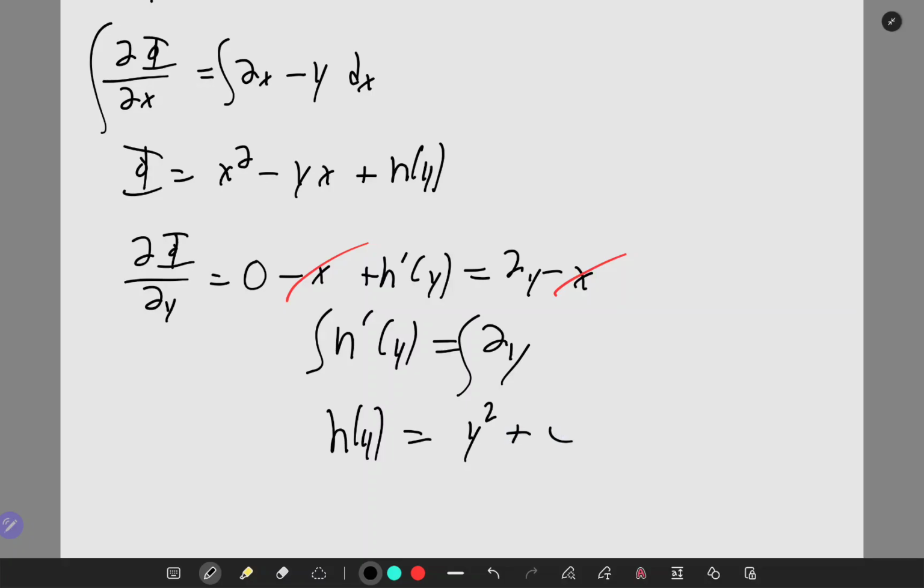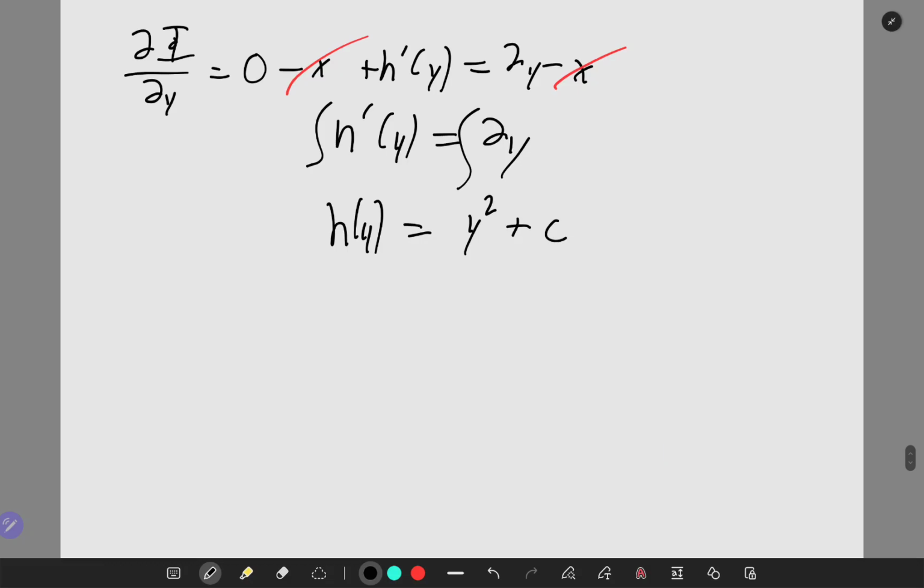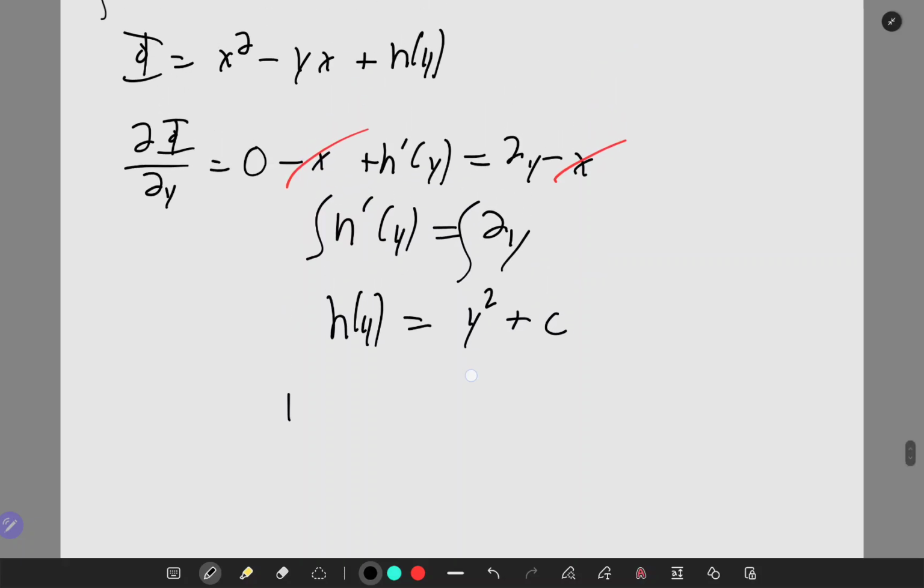Plus c, I guess. So then, let's look back at our phi. X squared minus y times x plus y squared is equal to c, right?